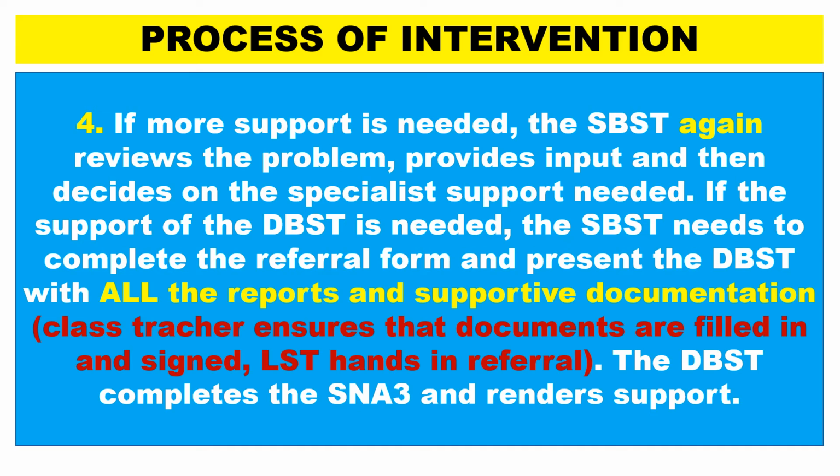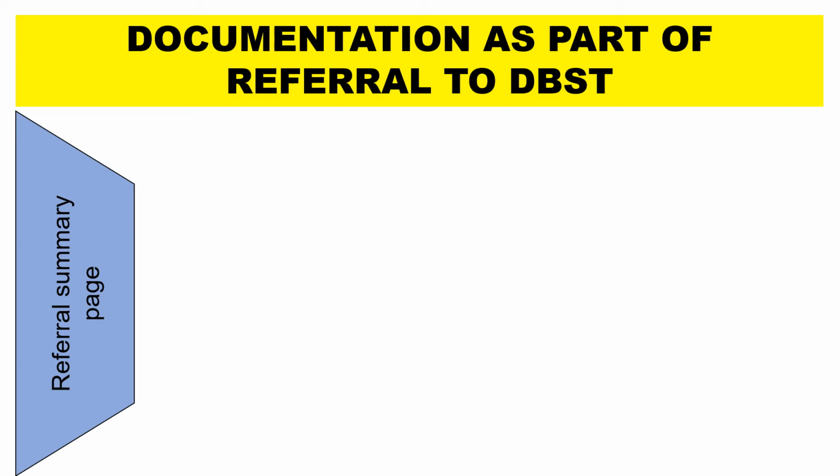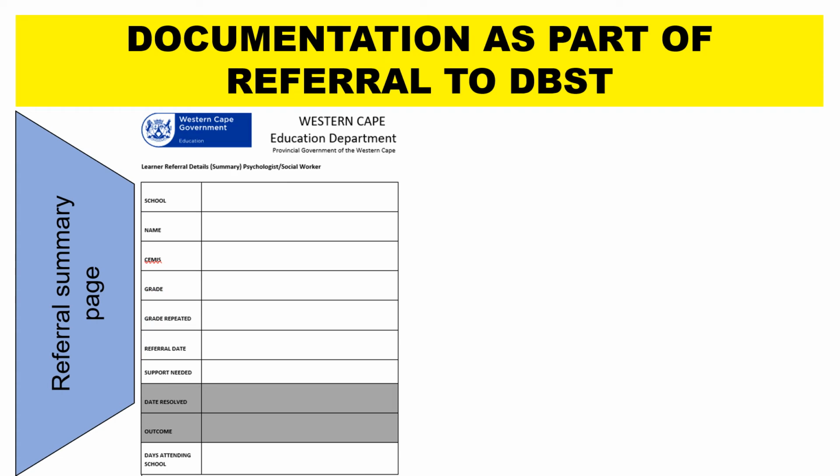In order to do that, there's a lot of forms that need to be filled in. Documentation as part of a referral process. First of all, when we refer to the district-based support team, there is a summary page that the LST will complete.